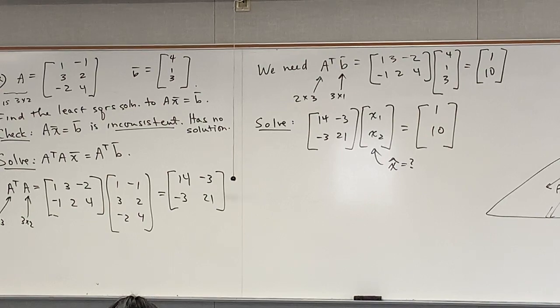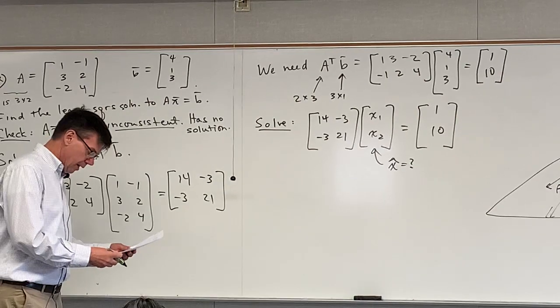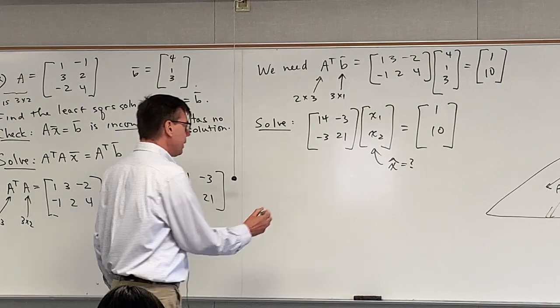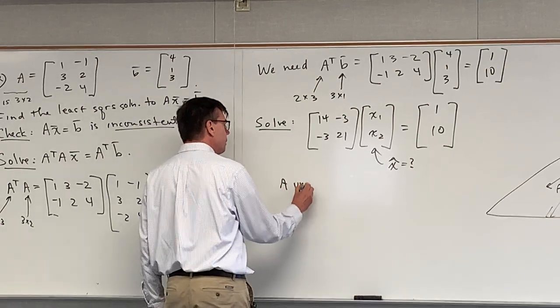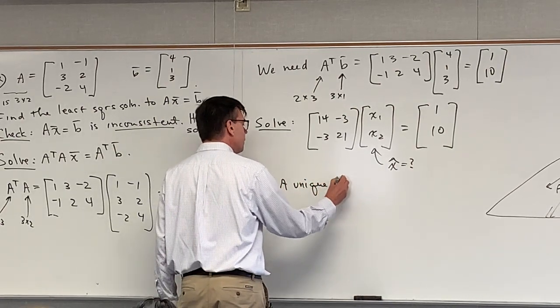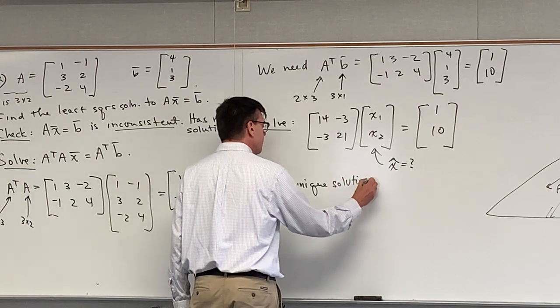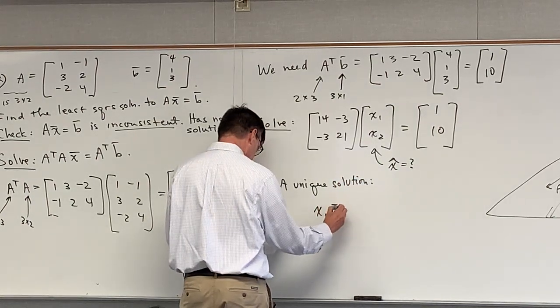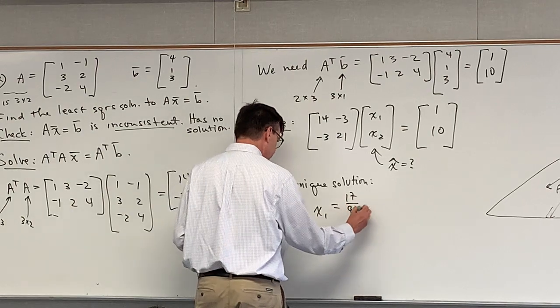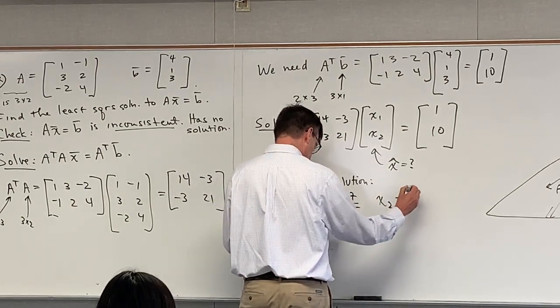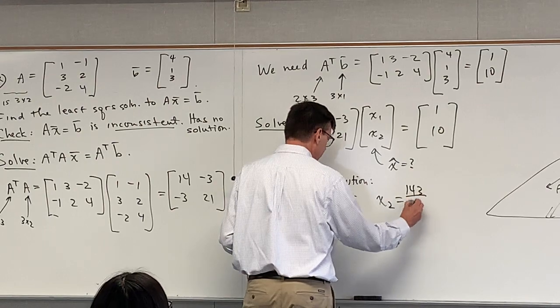Somebody told me they tried this ahead of time, and it's real messy. It didn't really work to come up with nice numbers here. So this is very messy, but I got a unique solution. X1 is 17/95, X2 is 143 over 285.